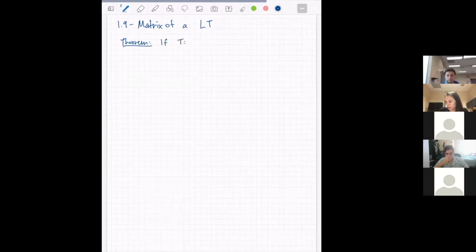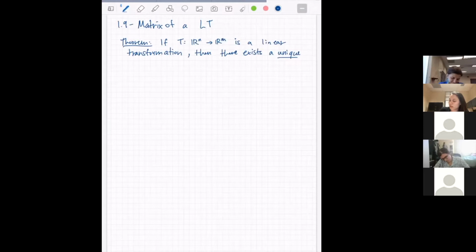So if we have a linear transformation from Rn to Rm, then there exists a unique matrix A such that T of X can be written as that matrix A times X. So we saw that when we had things of this form, those gave us examples of linear transformations.